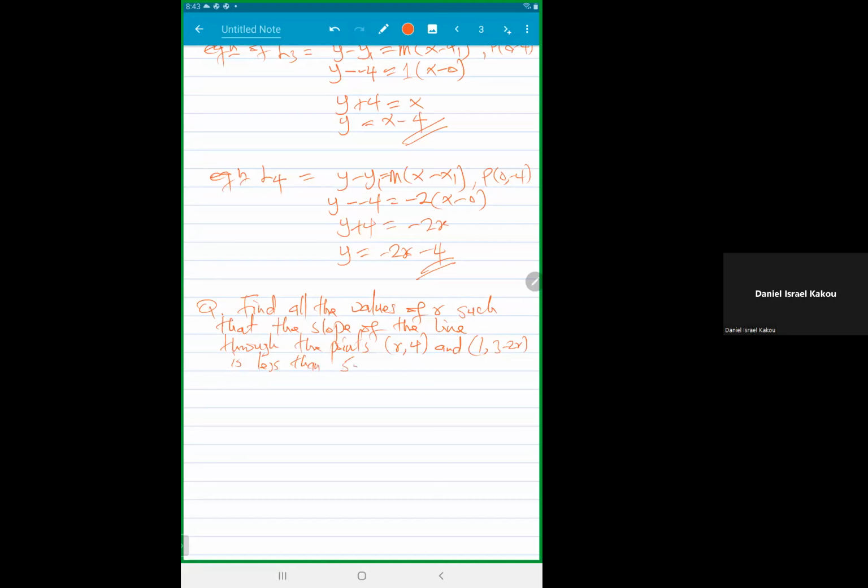So we are trying to find the value of r such that the slope of 2 points, that's (r, 4) and (1, 3 minus 2r), is less than 5.